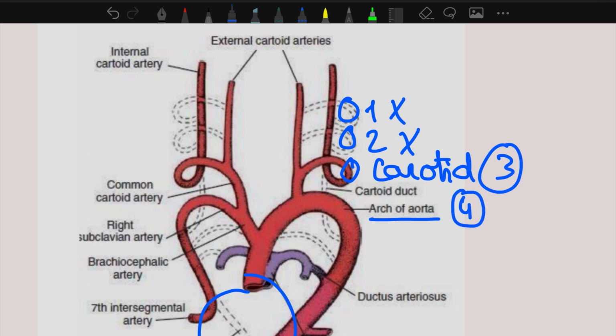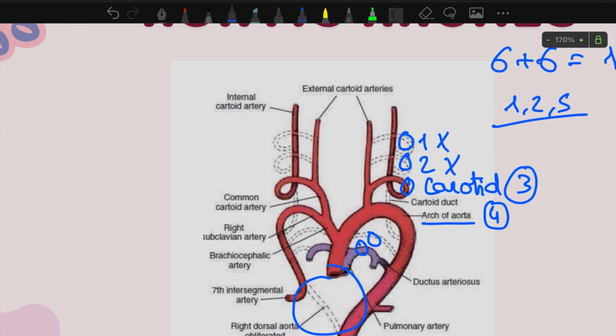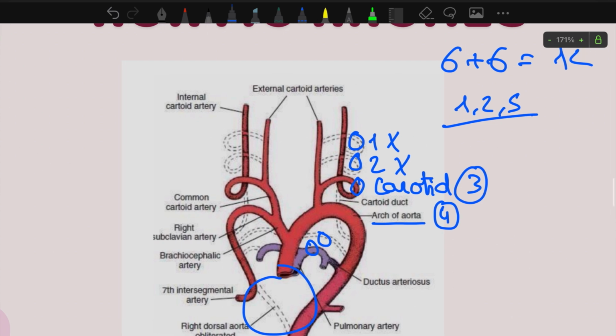Then you have the fifth one that will die immediately or will not even grow, and you don't really have to focus on it, but you have to know that the 1, 2, and 5 will die. And then you have the sixth one, which will give basically the pulmonary arteries and the ductus arteriosus. So that's what you have to know in this slide.